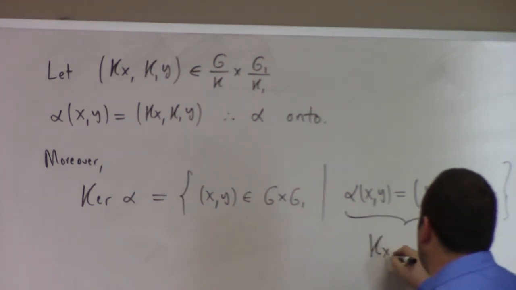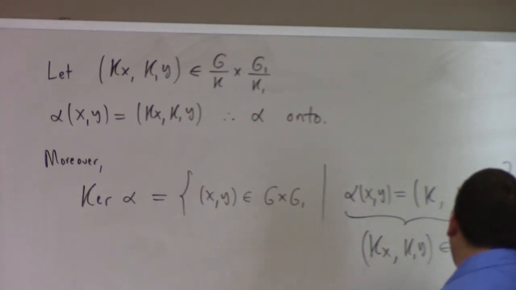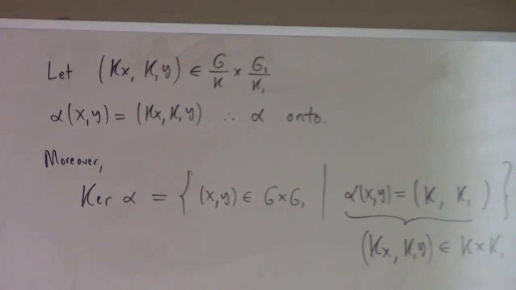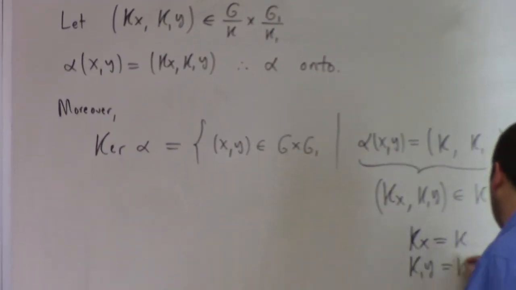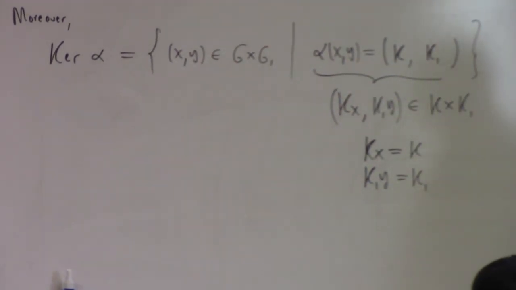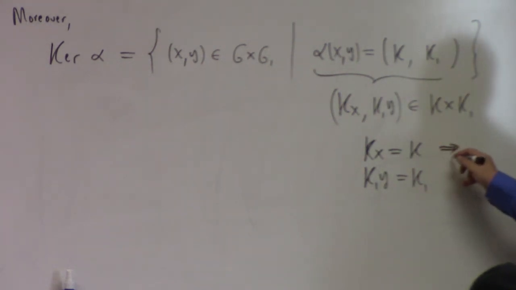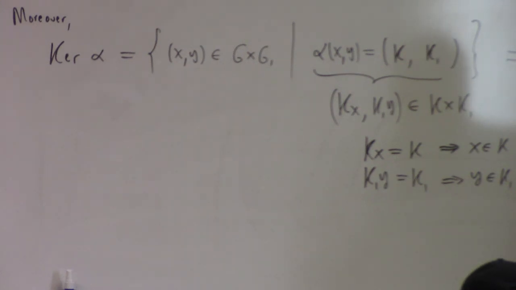This means that kx, k1y has to be an element of k cross k1. Or more to the point, we need kx equals k, and we need k1y equals k1, right? So what is the kernel? x is in k, y is in k1. So in other words, this is nothing more than k cross k1.